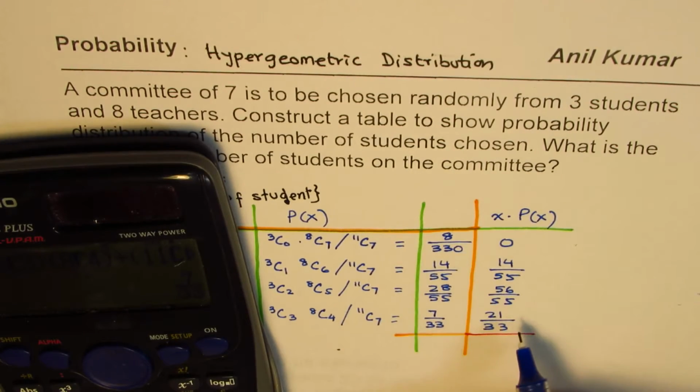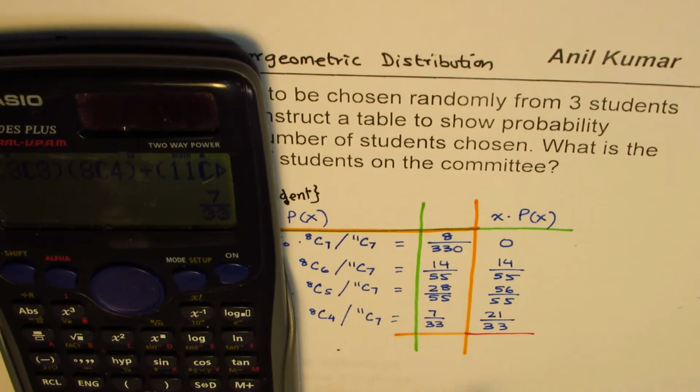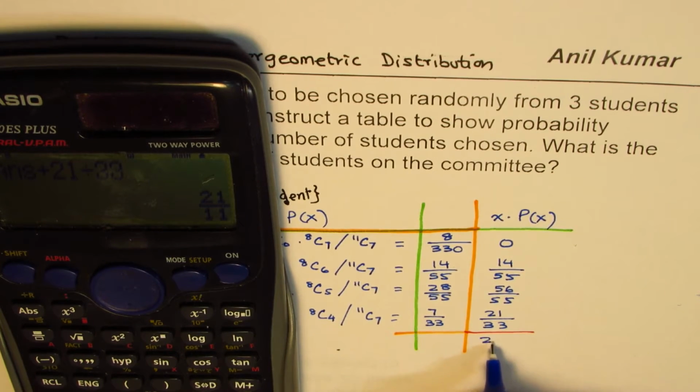So let's add them up. We have 14 divided by 55 plus 56 divided by 55 plus 21 divided by 33 equals, and in decimals, which is equal to 21 over 11.